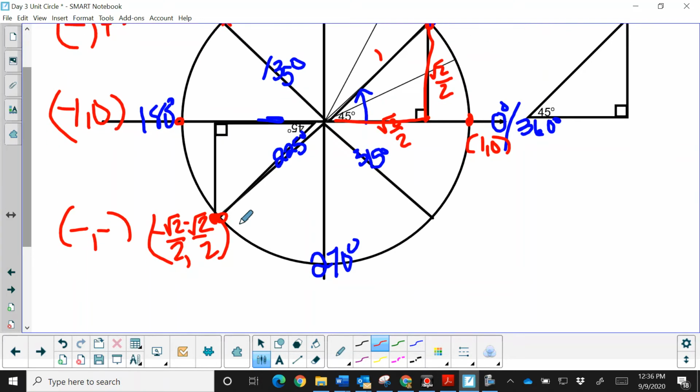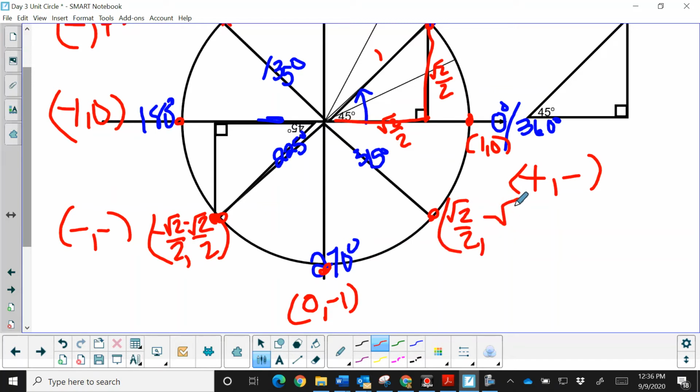At 270, this is 0, negative 1 again. And then at another 45, we're at 315. And we know in quadrant 4, we have a positive followed by a negative coordinate. So that's going to be square root of 2 over 2 and negative square root of 2 over 2 for that position at 315.